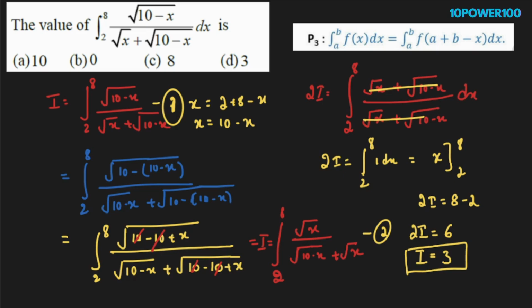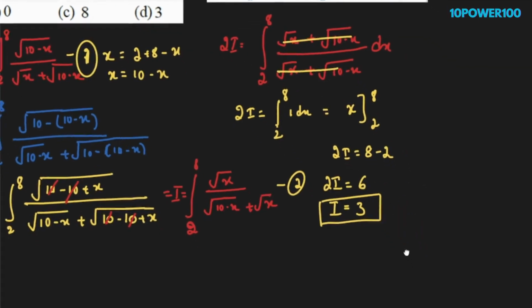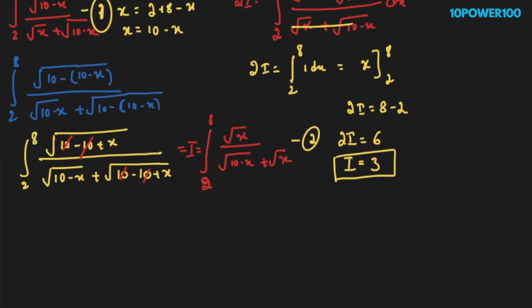Now I want you to try this out. The extension question for you all is: I is equal to the integration from 3 to 4 of root 7 minus x divided by root x plus root 7 minus x dx.